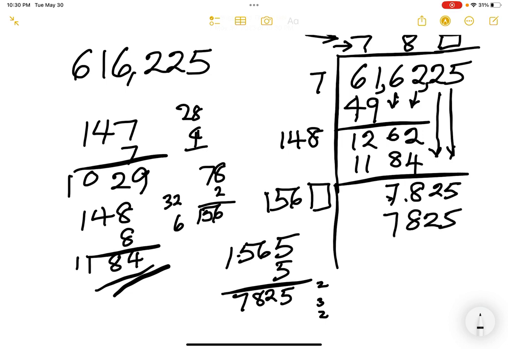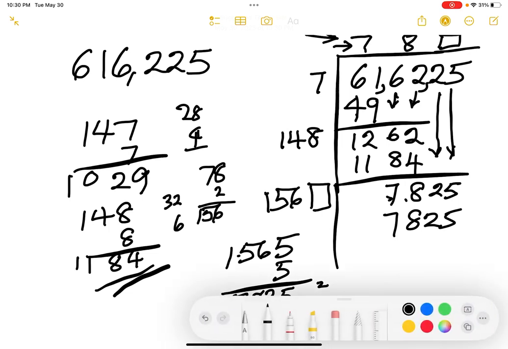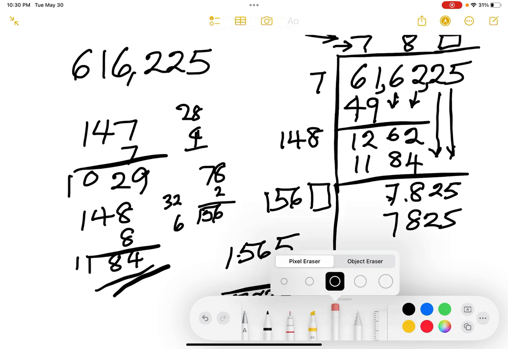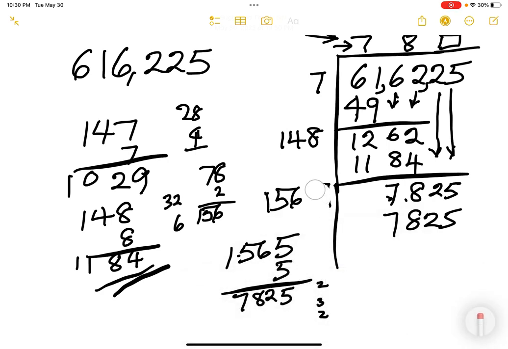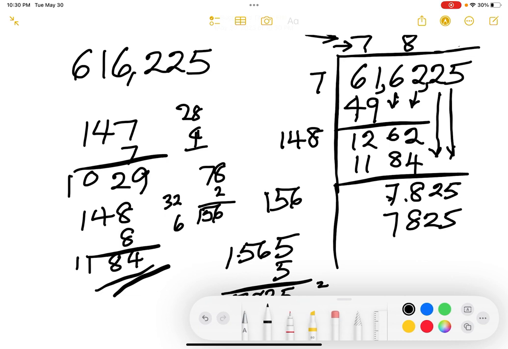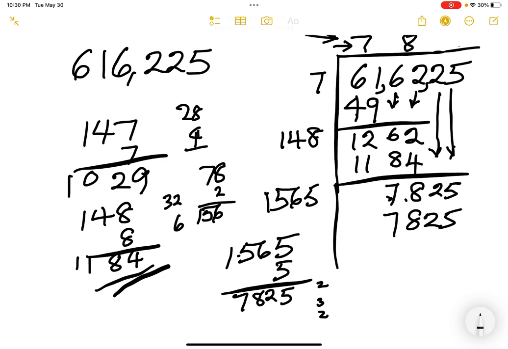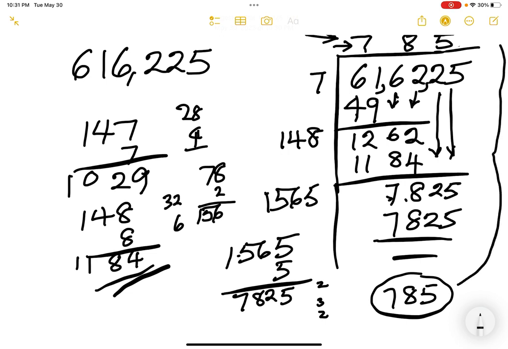That means what we have here and here will be 5. So 5 times 1565. So our answer is 785, as we have solved here. Hope that is clear. Thank you.